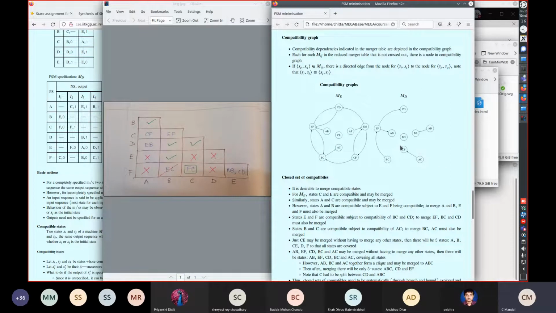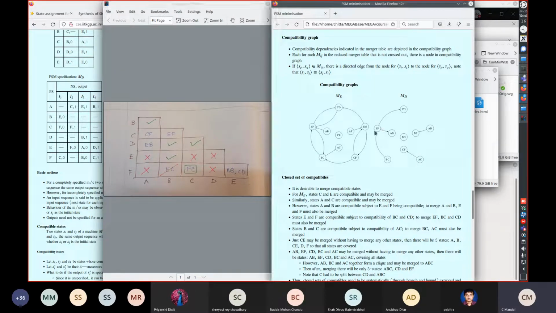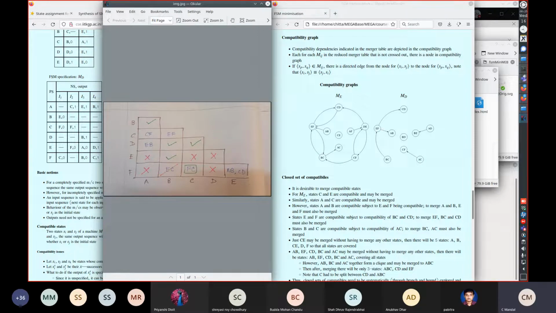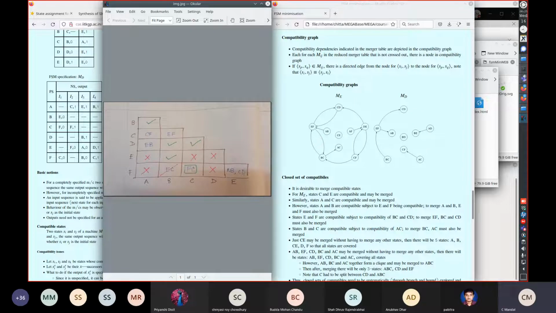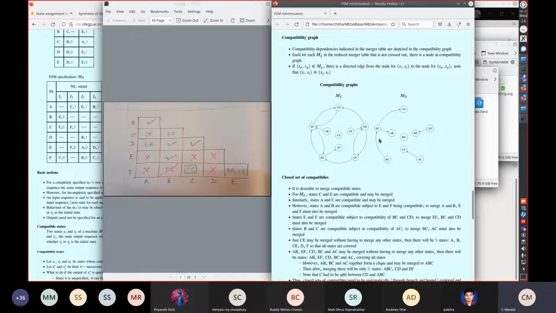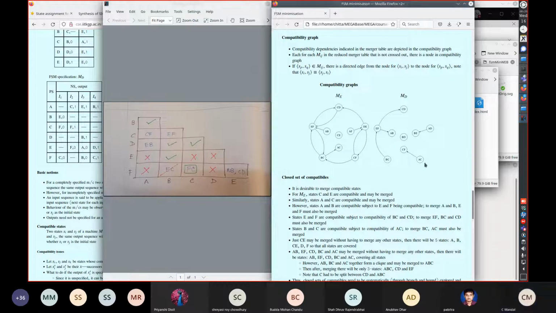So you can see that EF depends on AB and CD. Similarly, BC depends on EF. And some of these, for example, BD is fine.